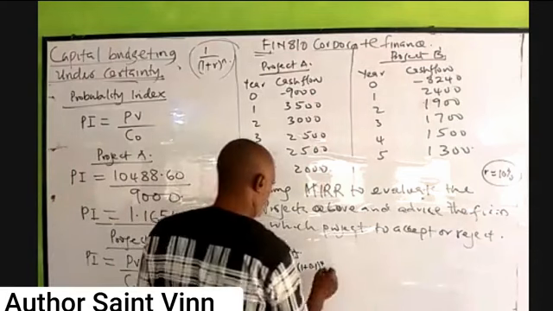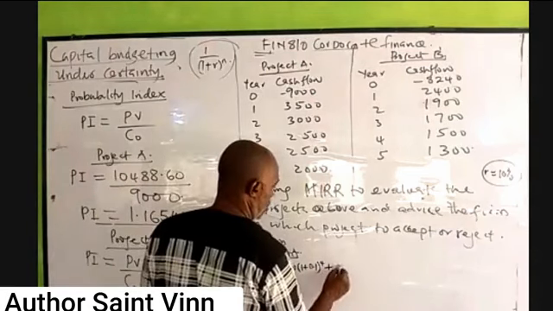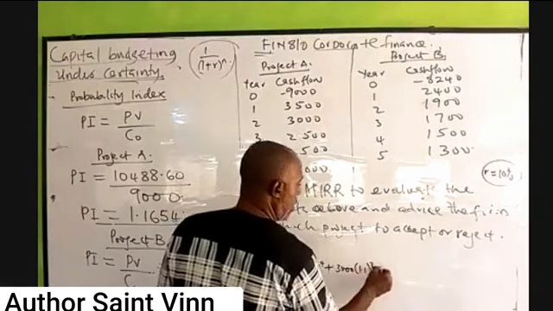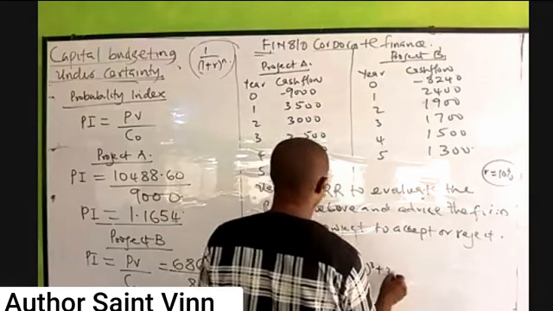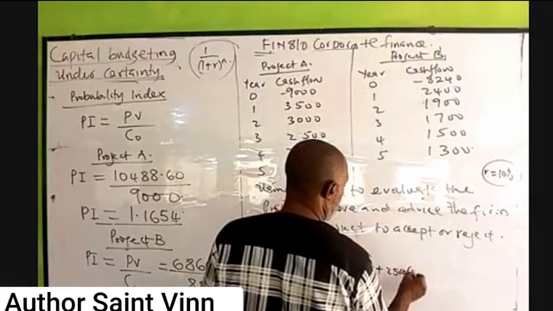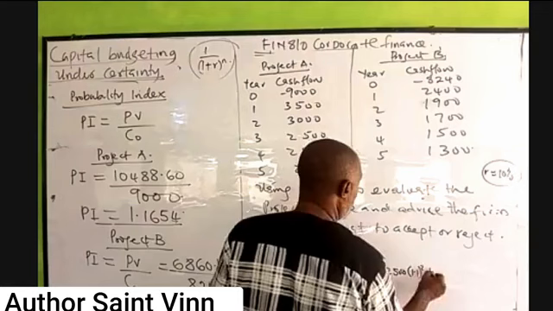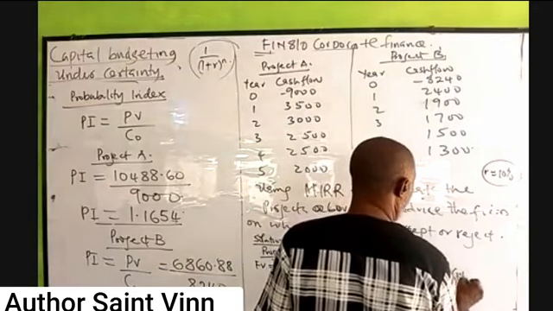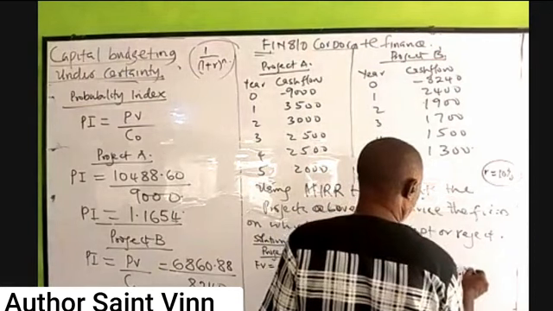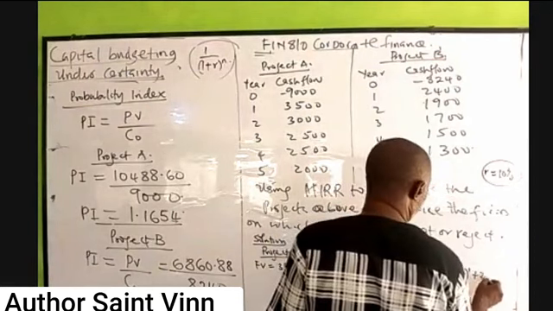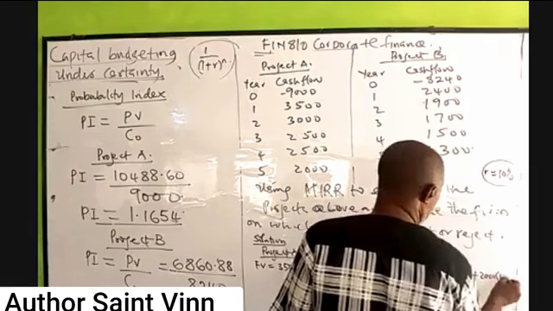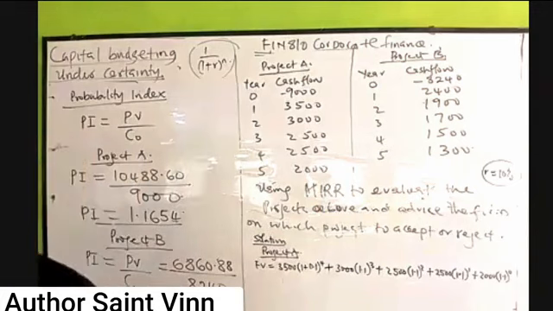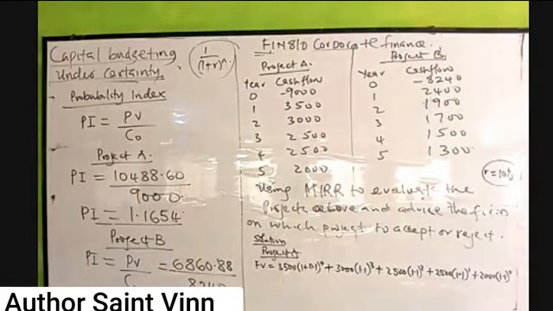Now, wake up. 3,000 times 1.1 raised to power 3, plus 2,500 times 1.1 raised to power 2, plus another 2,500 times 1.1 raised to power 1, plus 2,000 times 1.1 raised to power 0. And now I talked about future value of a series of what? Payments, are they? Not equal payments.